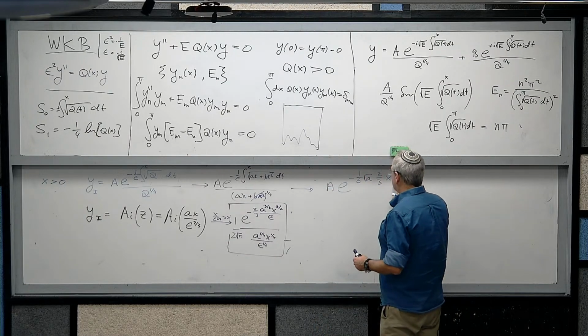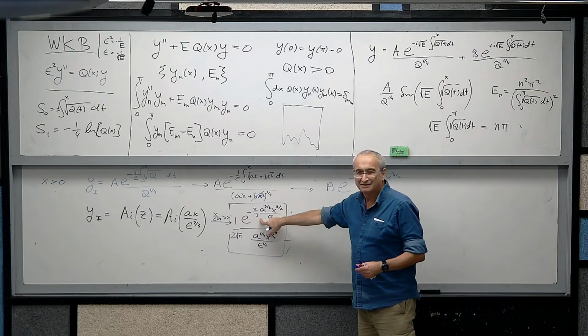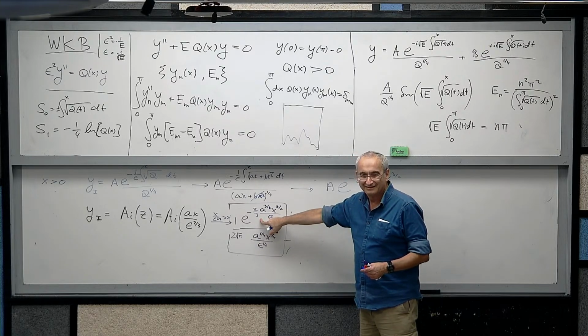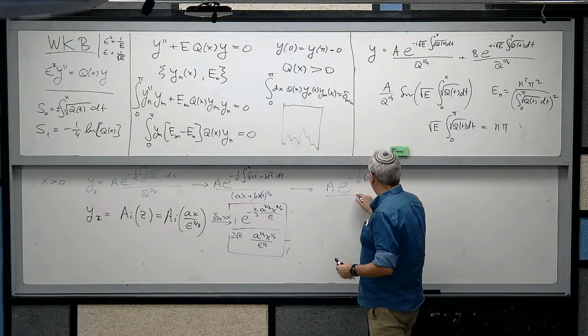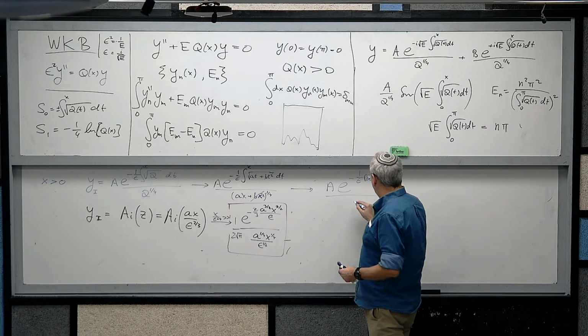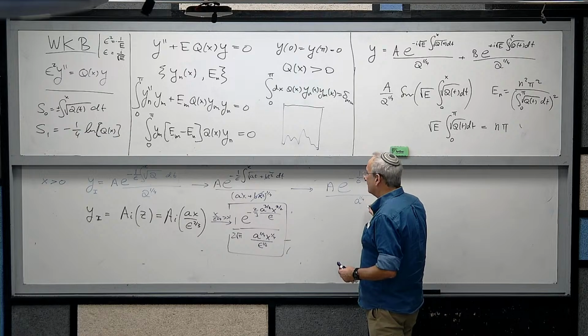So this and that is exactly the same. Unbelievable. You see? Now, in the denominator, we have A to the 1/4 times x to the 1/4.